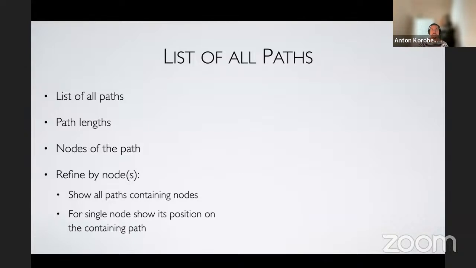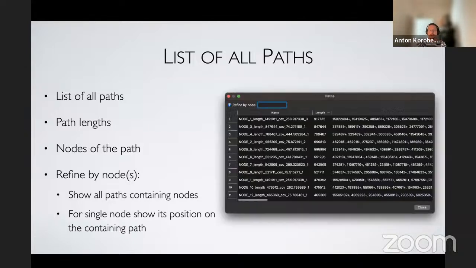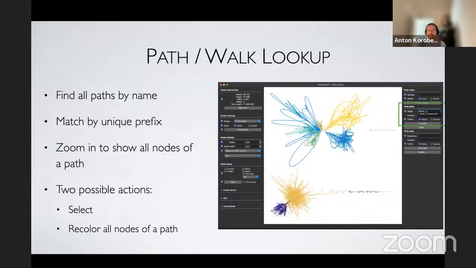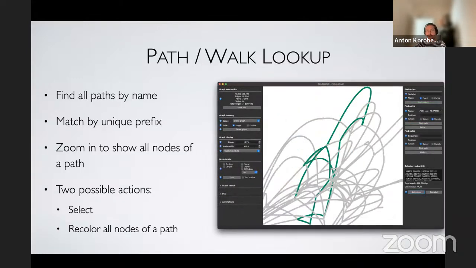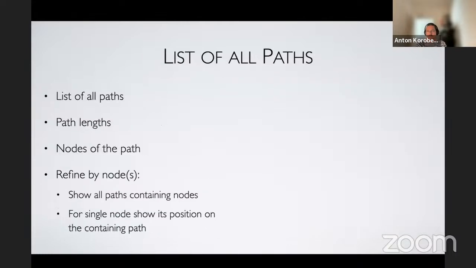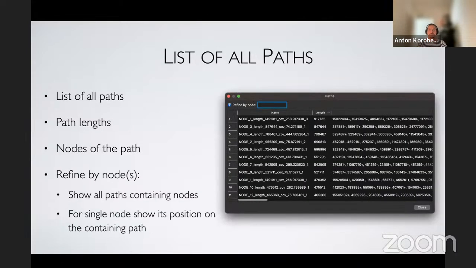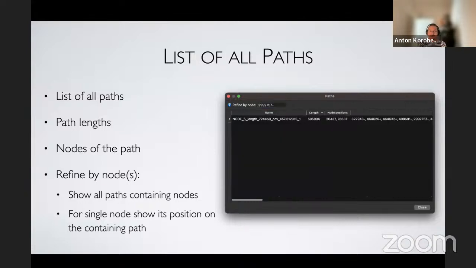There's also a way to see the list of all paths in the graph. If you just click on that path button, it shows the list of all paths. It shows the path length, it shows the nodes of the path, and it also allows refining by node. If you enter the node name here, it would show all the paths that contain that particular node.